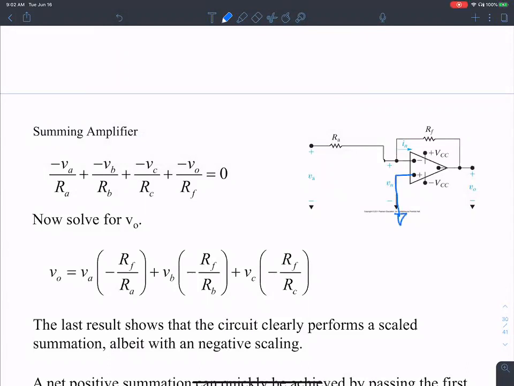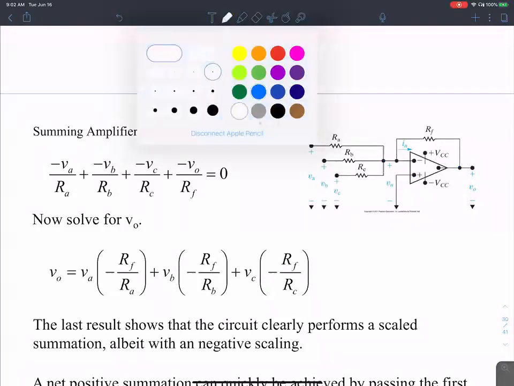The positive terminal is tied to ground, the negative terminal, an input VA is applied through RA, and then there's a feedback resistance RF.